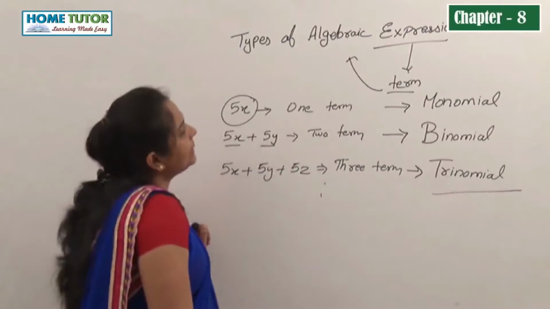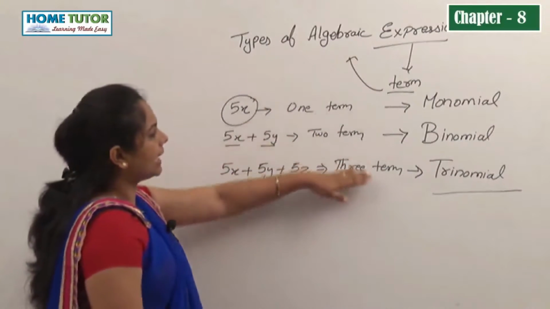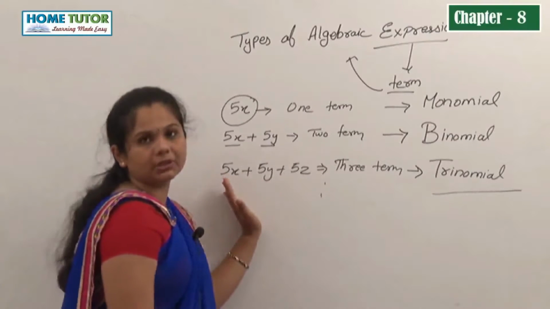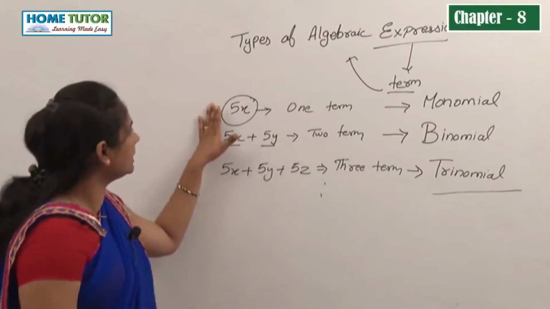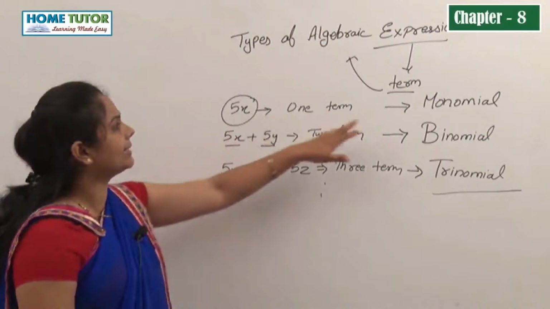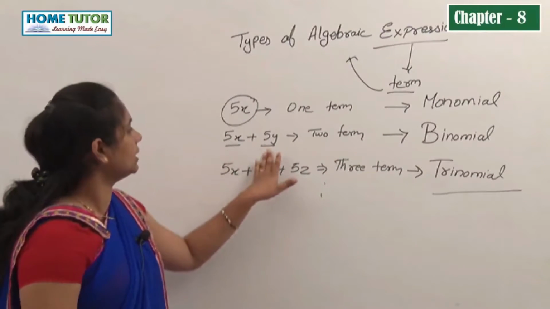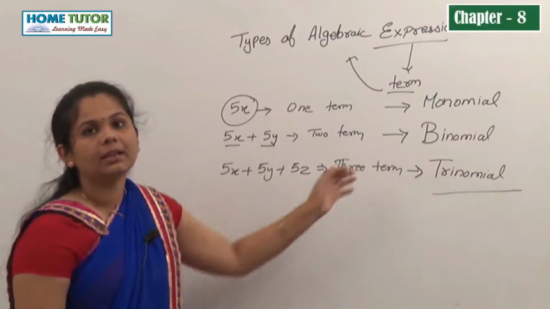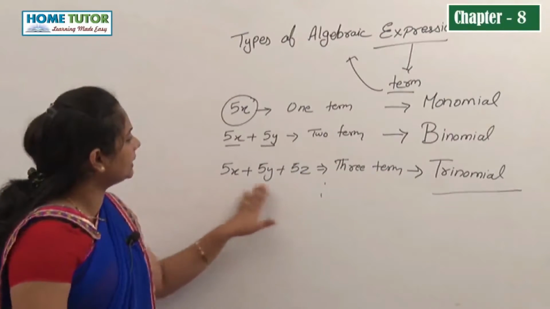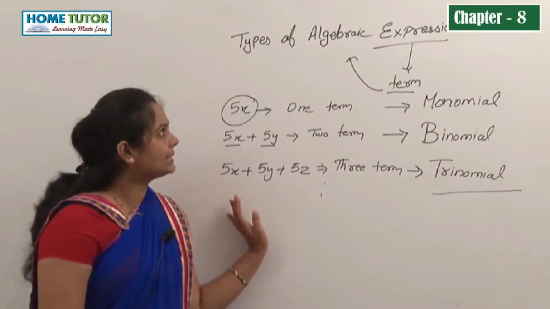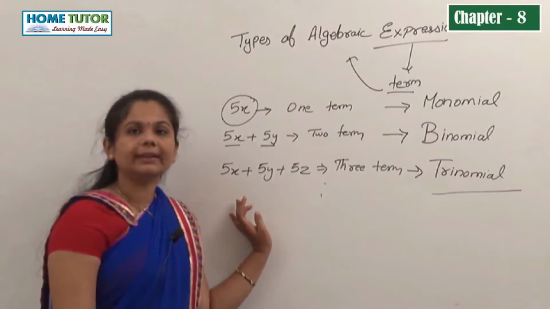So, algebraic expressions can be categorized depending upon the number of terms in that expression. If the number of terms is 1, it is monomial. If the expression contains 2 terms, then it is binomial. And if it contains 3 terms, then it is called trinomial. Based upon this, we will solve our next practice set.